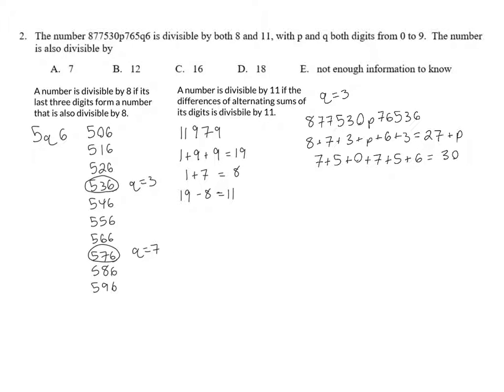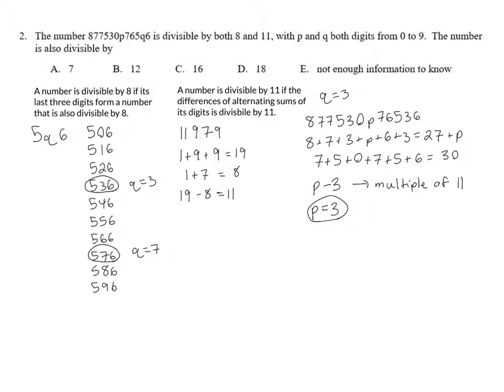And if we take the difference of these two, we end up getting P minus 3. We need this to be a multiple of 11. Because P has to be a digit between 0 and 9, the only possibility here is P equals 3.